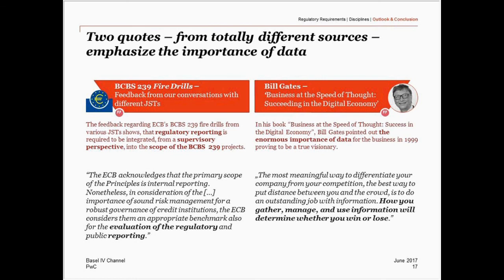It reads: the ECB acknowledged that the primary scope of the principles of BCBS 239 is internal reporting. Nonetheless, in consideration of the importance of sound risk management for a robust governance of credit institutions, the ECB considers them an appropriate benchmark also for the evaluation of regulatory and public reporting. Thus, you two and your Pillar 1 are in the scope of BCBS 239.